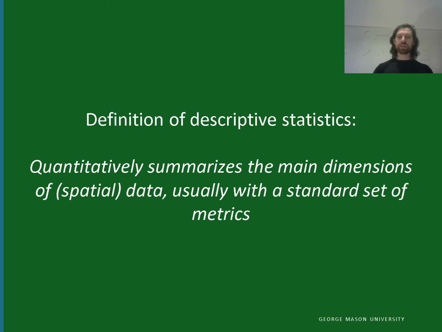So I have put in definitions here for those two different types. I put the definition for descriptive stats as essentially quantitatively summarizing the main dimensions of, let's just say, spatial data, using a set of standard metrics. There are approximately 5 to 10 metrics which people will always use when they're doing descriptive stats. So it's the mean, it's the range.